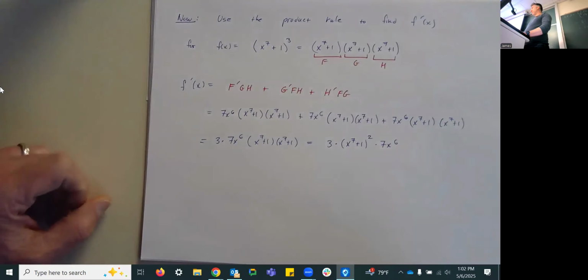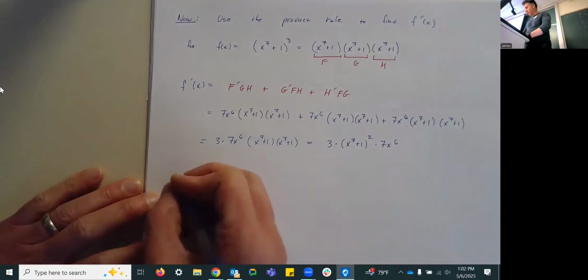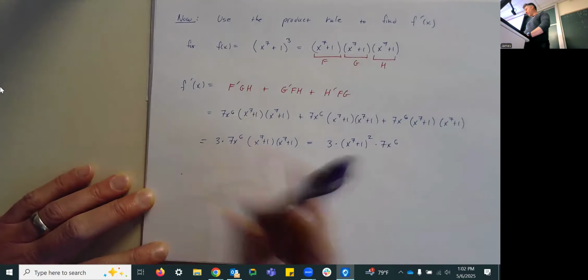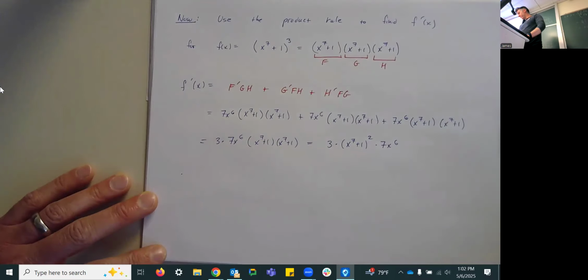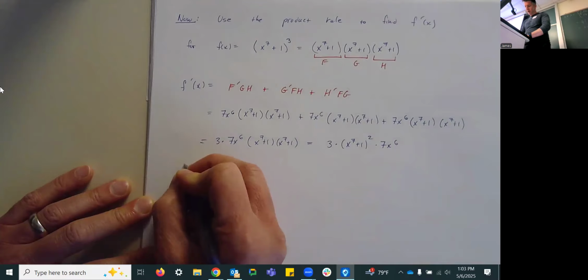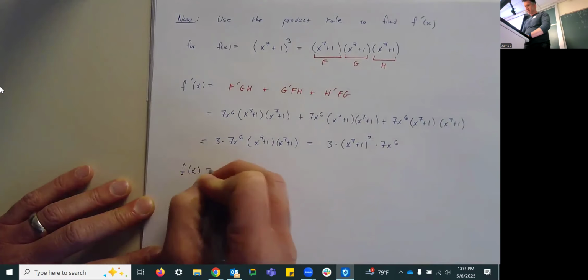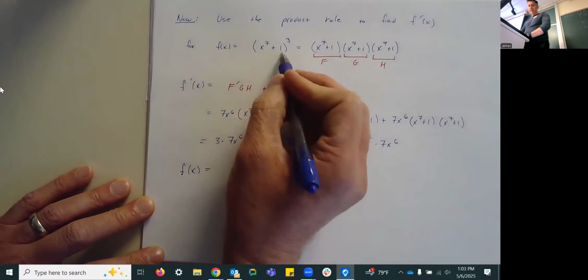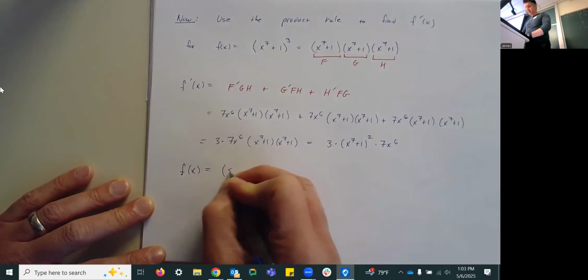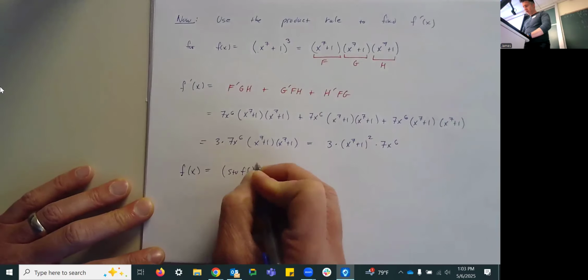Another way of thinking about this is, here's what I really want to say. Our function f of x is equal to something cubed, or as I will say a lot in the coming weeks, some stuff cubed.